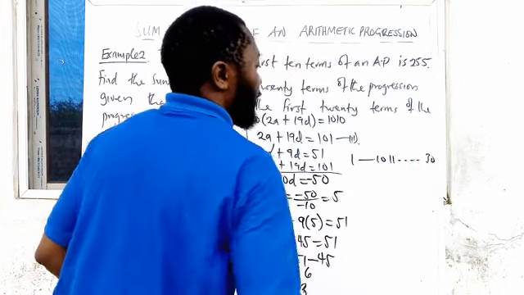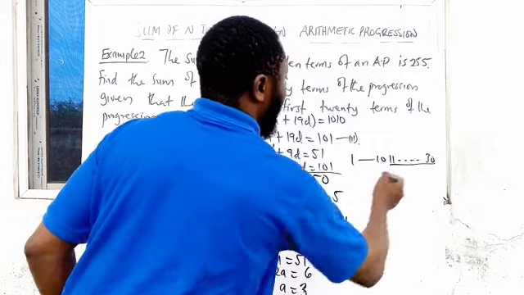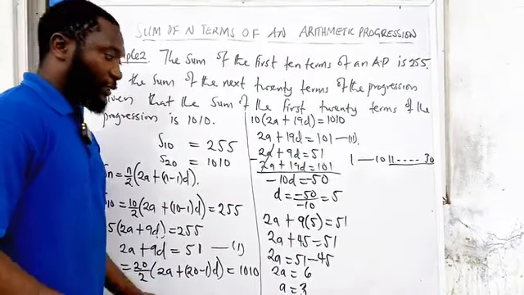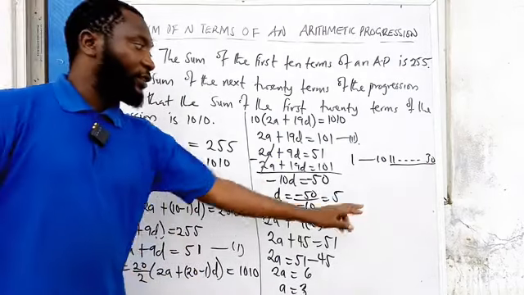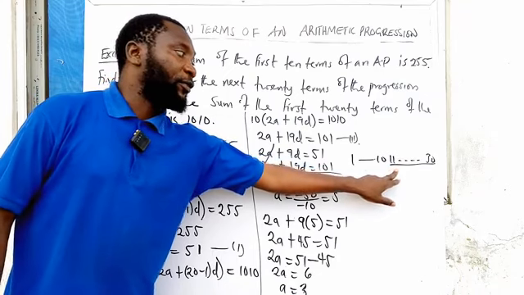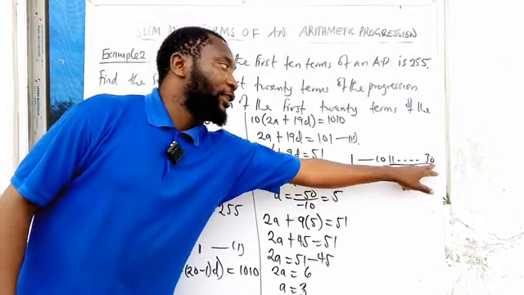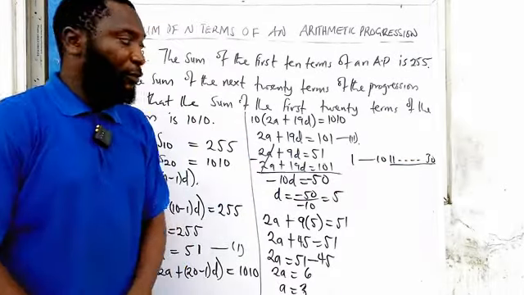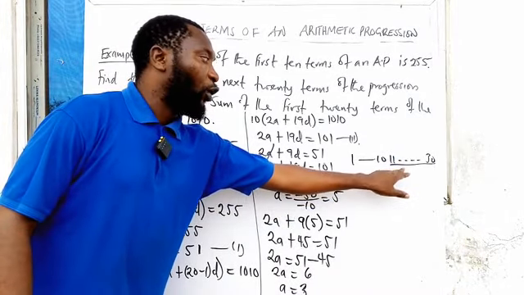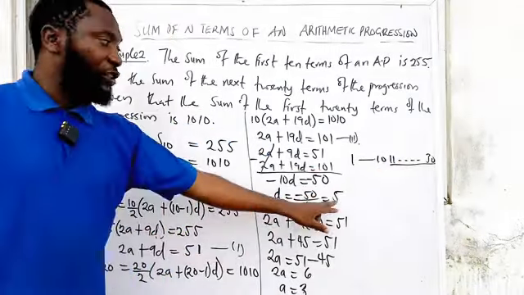If you want to generate the sum of this 11 to 30, it is very simple. How do we do that? We assume that this 11th term will be the first term, and the 30th term will be the last term. Also, the common difference is the same for all, which is 5.